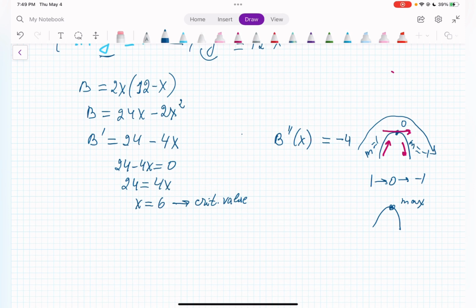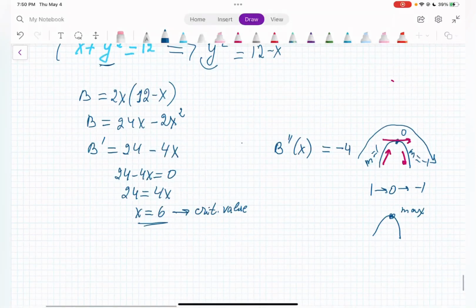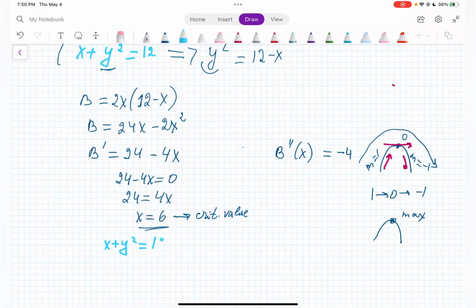All right, so let's find out what y matches our critical value 6. Taking our original problem, x plus y squared equal to 12, I'm sorry, not 16.